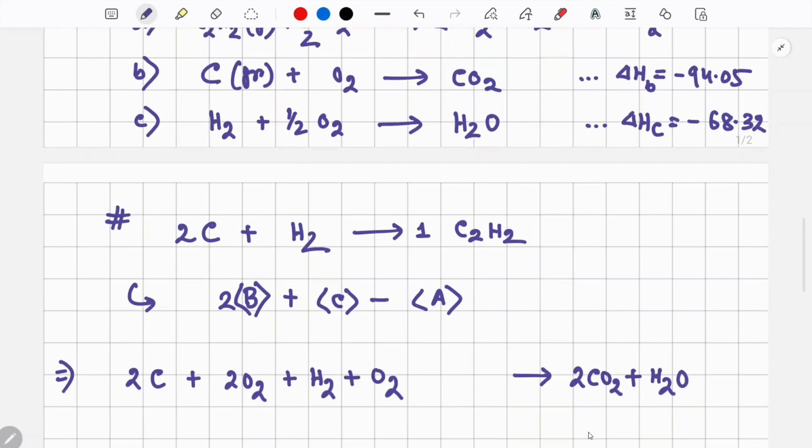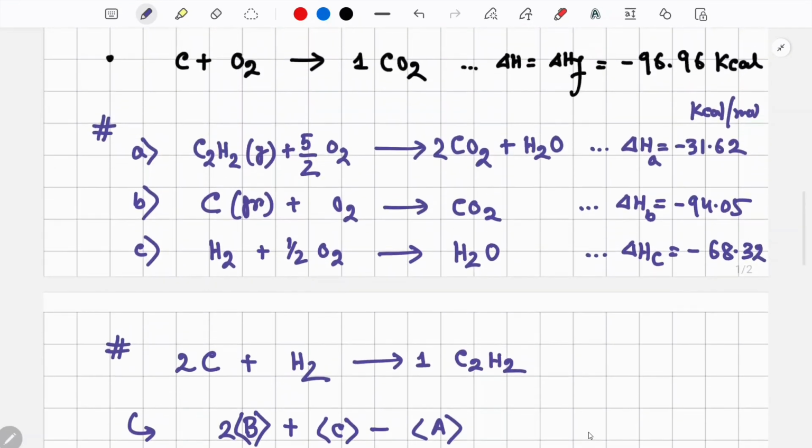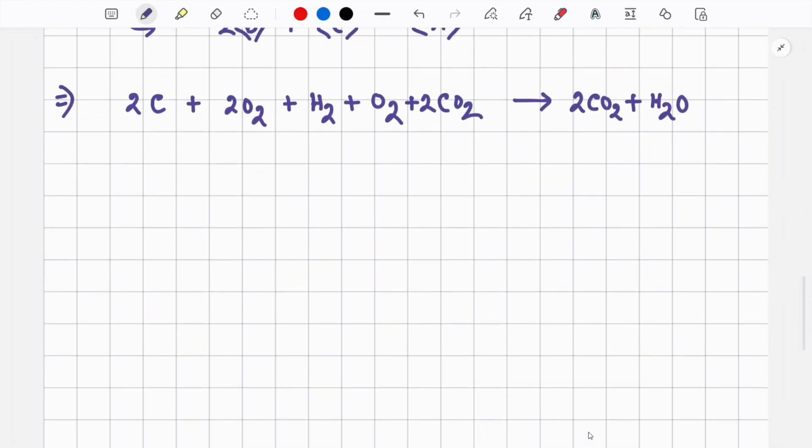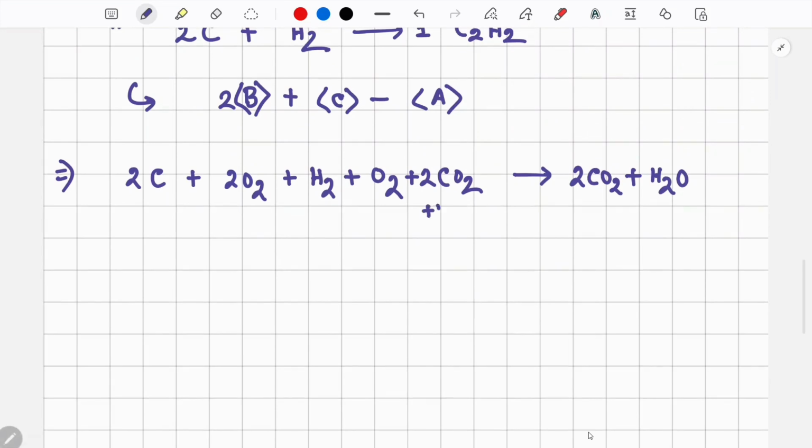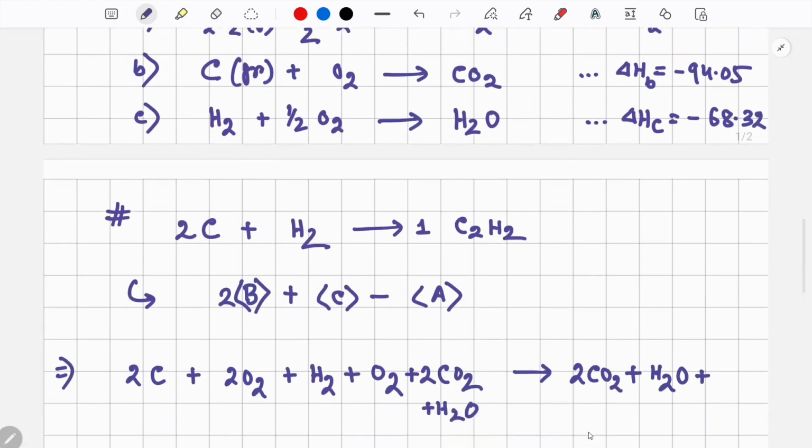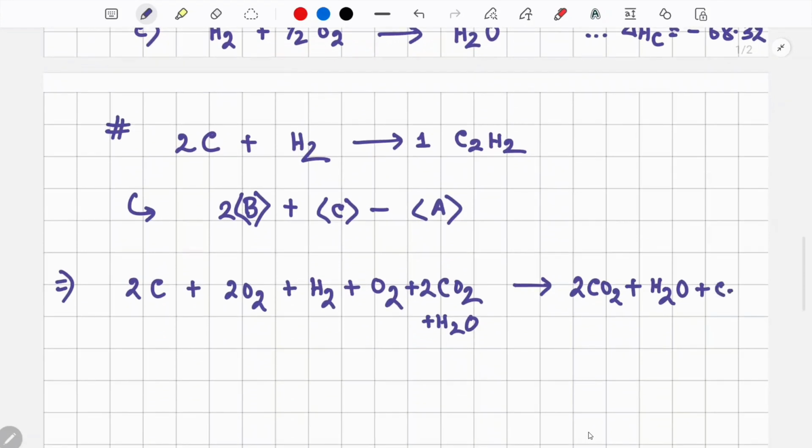So here it will be 2 CO2 plus H2O, and here it will be C2H2 plus 5 by 2 O2.